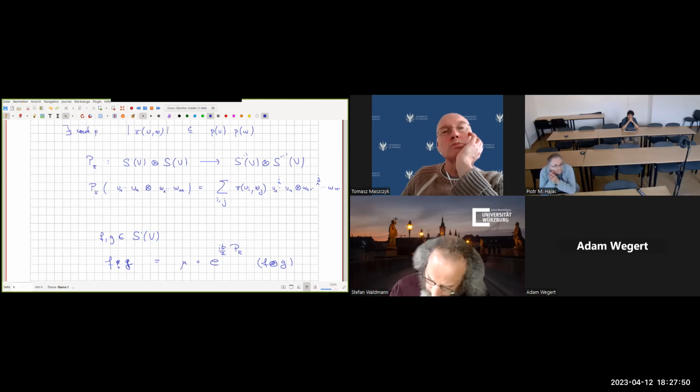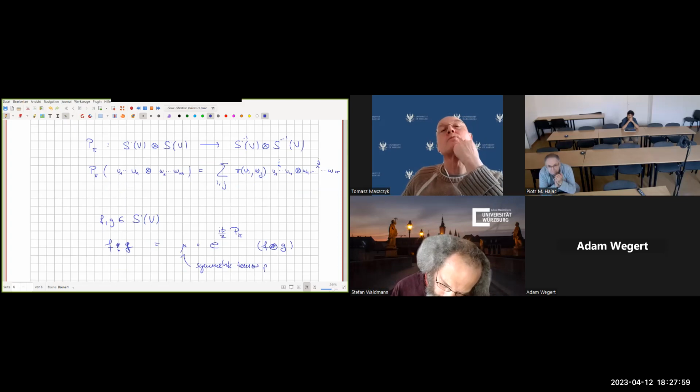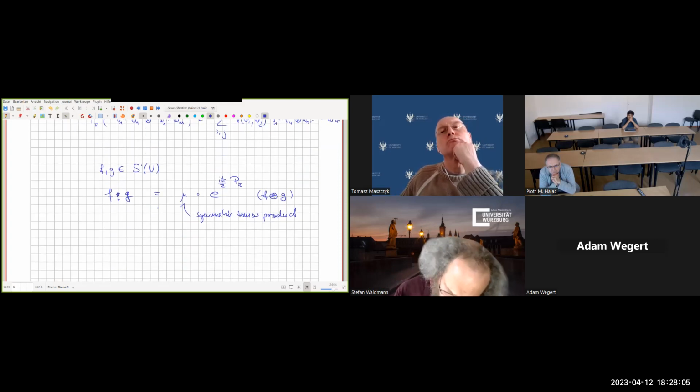So this determines the usual symmetric tensor product, and this is associative.